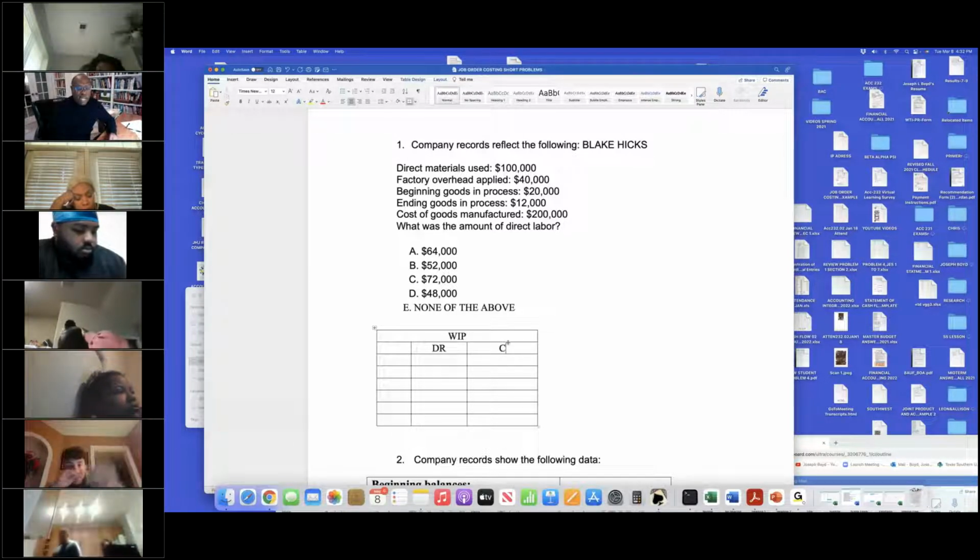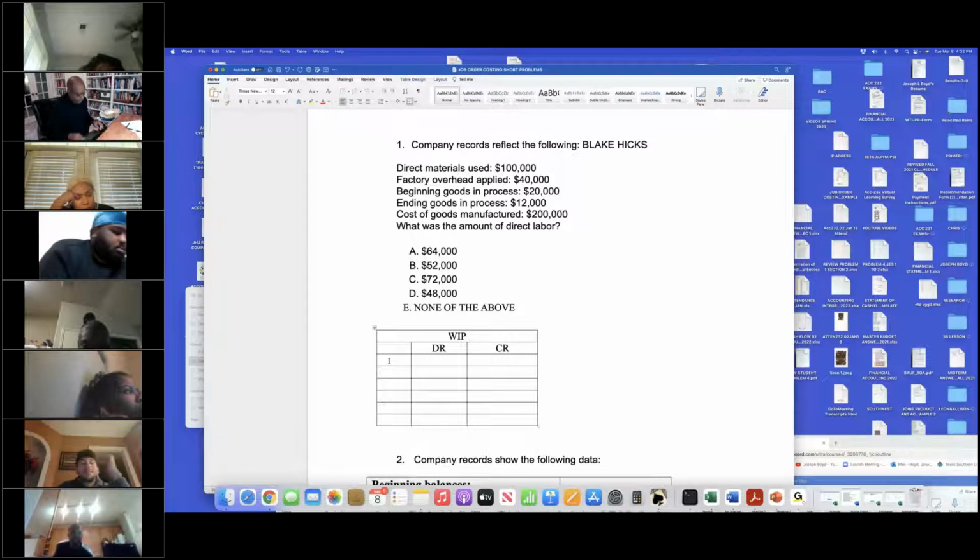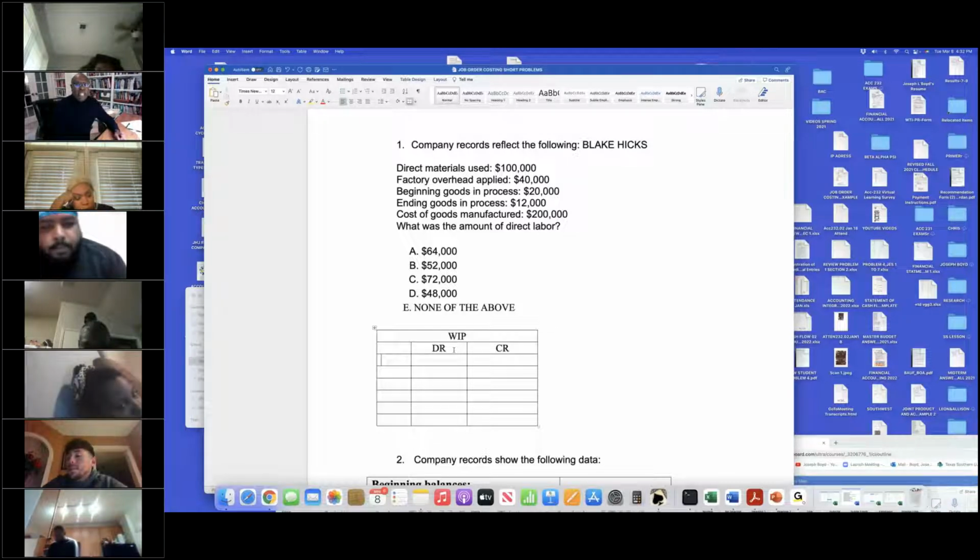This is an inventory count, so the beginning balance is going to be on the debit side. The first thing in this account would be the beginning balance, and that was $20,000.